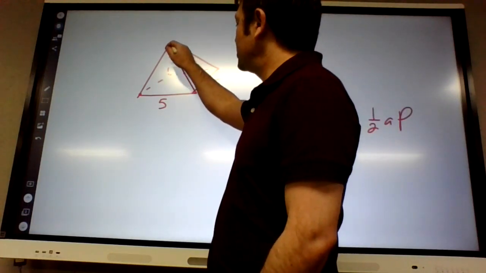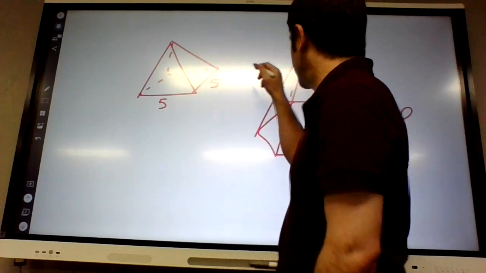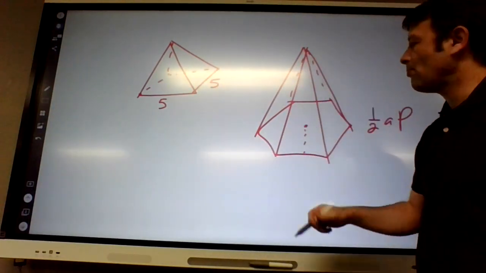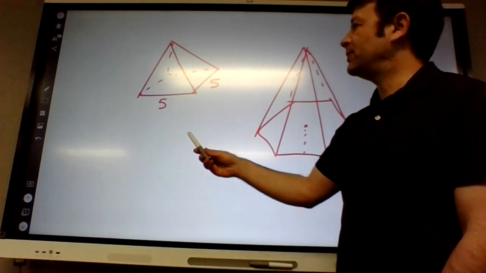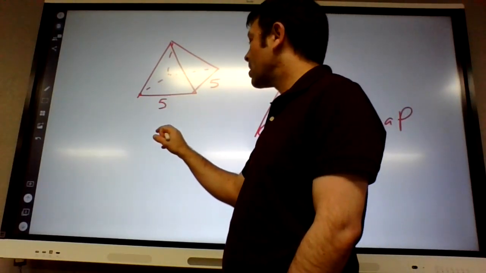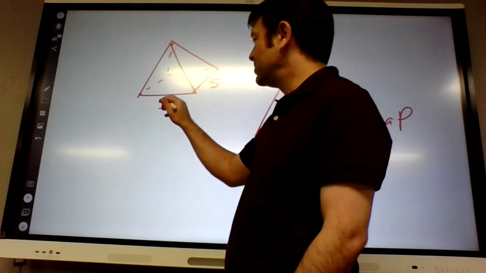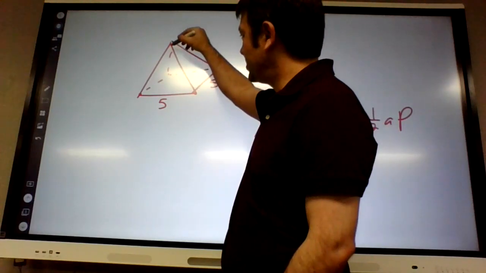Okay. But what shape are the lateral surfaces? What shape are these? Triangles. And how do we find the area of a triangle? Right. So it'd kind of be like this number times the height.